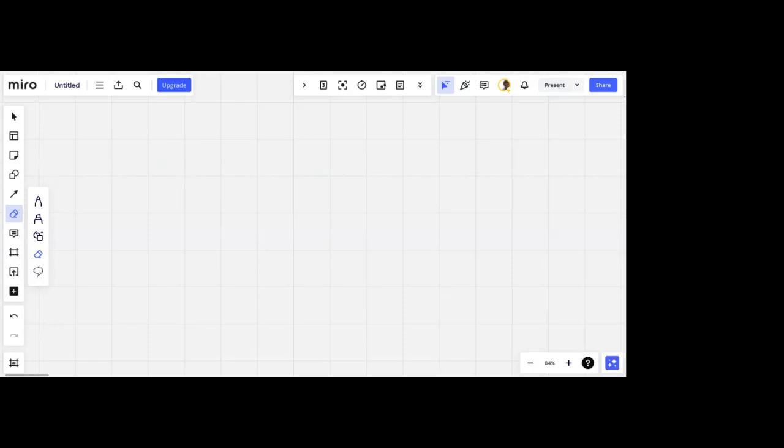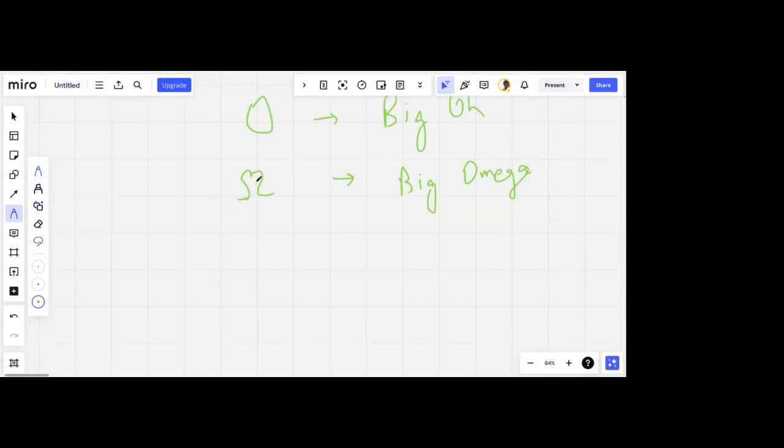Let's understand this. You have already understood the big O notation. So this is how it is pronounced, big O. Okay, now there is this thing called something like this. This is the big omega. Okay, now what is the big omega notation? Let's understand this.